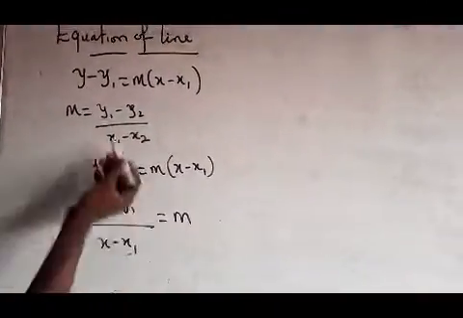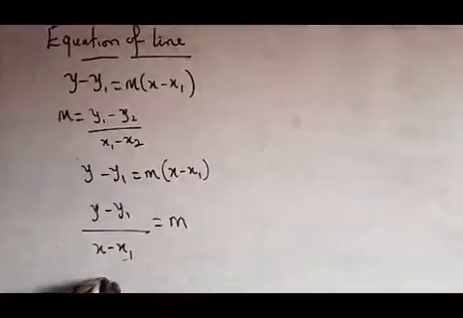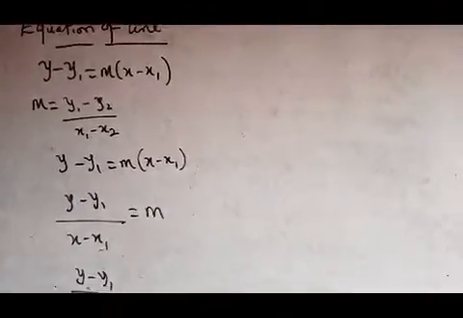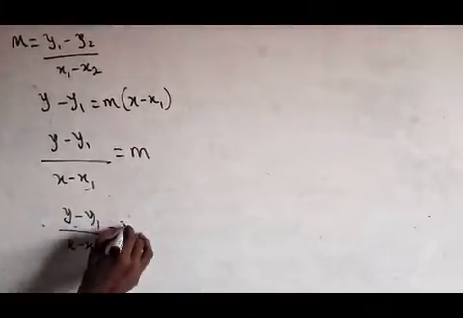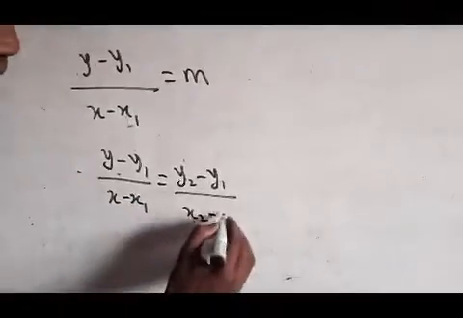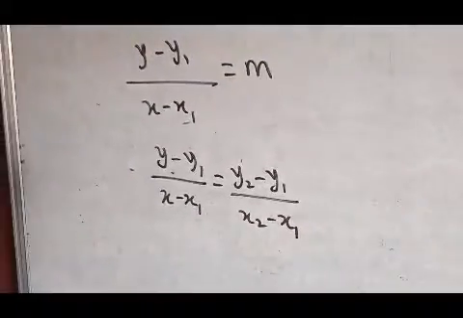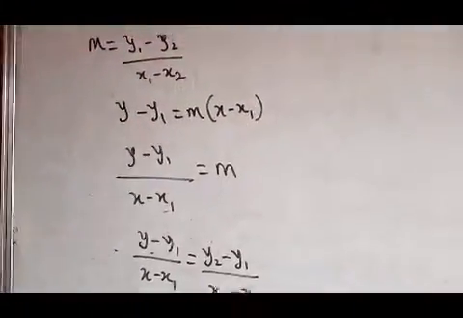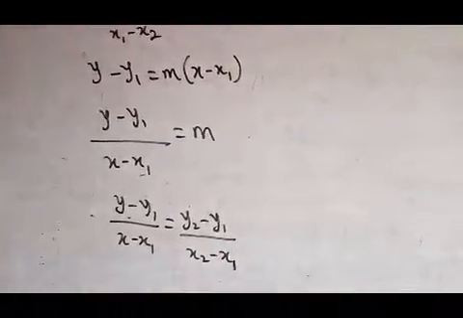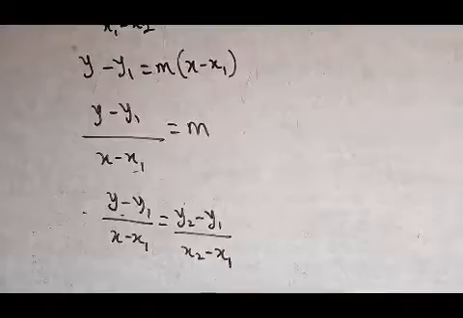Now where your m is y2 minus y1 over x2 minus x1, that will be y minus y1 over x minus x1 equals y2 minus y1 over x2 minus x1. So this is the formula for finding the equation of a line through two points that we are going to be using. Alright, so let's see the first example.